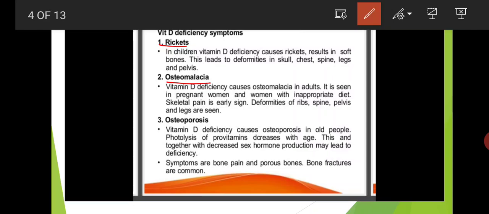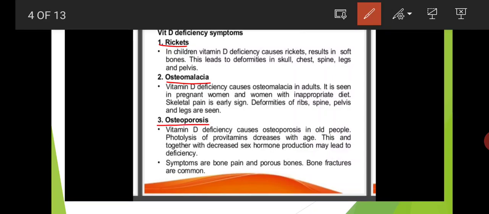The symptoms are skeletal pain as an early sign, and deformities of the ribs, spine, pelvis, and legs.